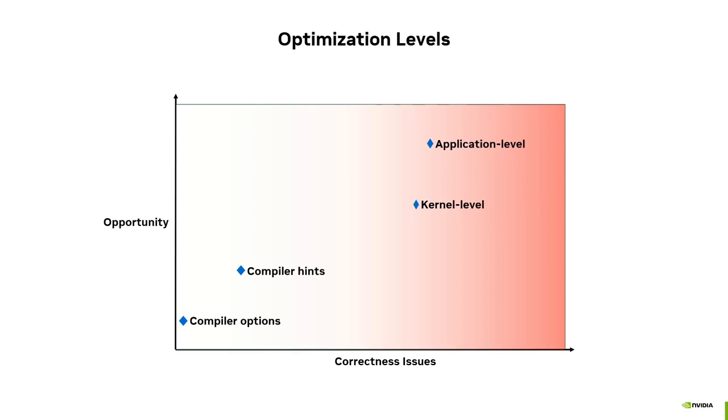Compiler options and hints fall on the side where there are fewer correctness issues. And for some of the options, you will not have any correctness issues. And the y-axis is opportunity. The more changes you make, the more performance opportunities you can get. And so we would like to be in that region, but perhaps have this flow to help achieve better opportunity.